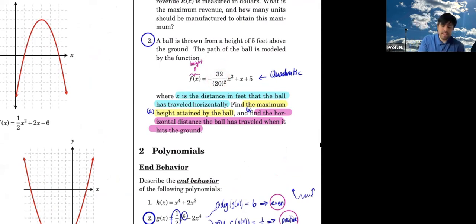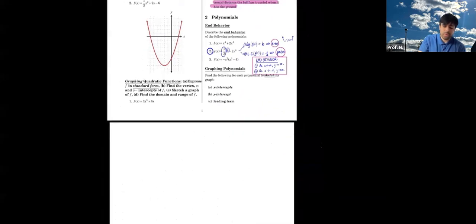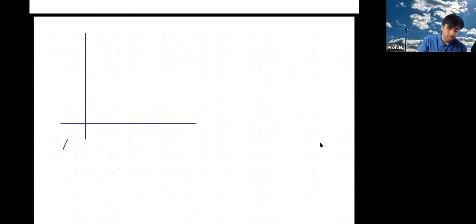But the whole point is that this is a negative number. The leading coefficient is negative, and it's an x squared term. So what do we know for a fact? My graph of this function is going to look something like this.